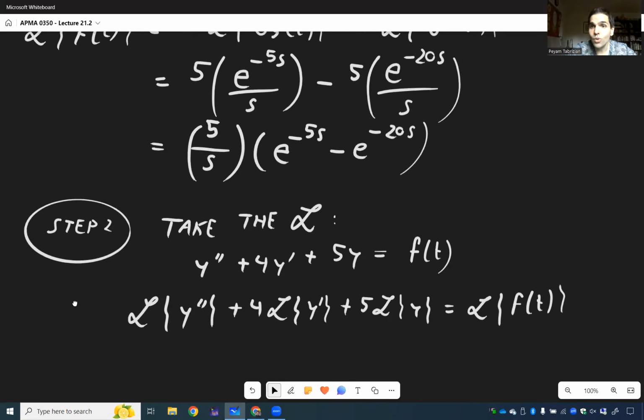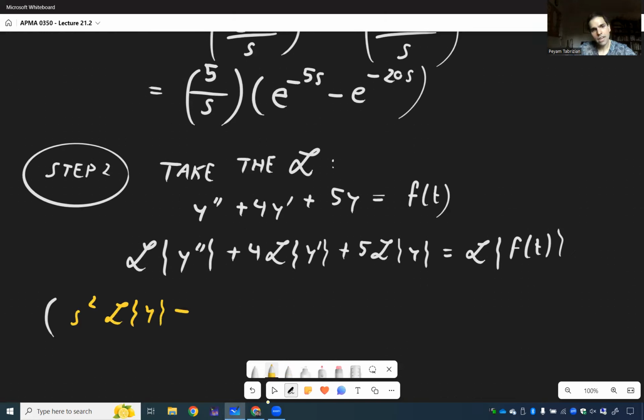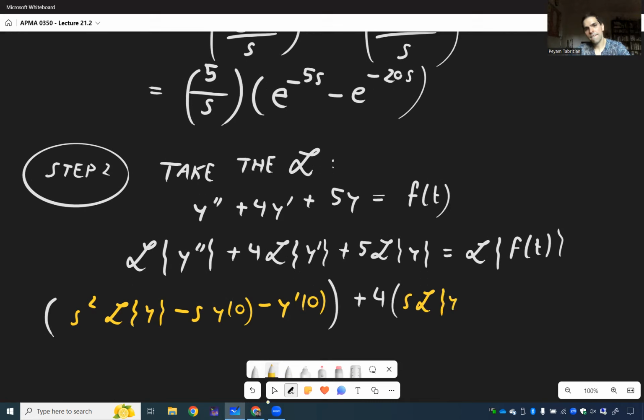And the good news is, we have all the pieces that we need. So this becomes s squared, remember, L of y minus s y of 0 minus y prime of 0, and then plus 4 times s L of y minus y of 0, and then plus 5 L of y. And again, L of f of t, we found that already.